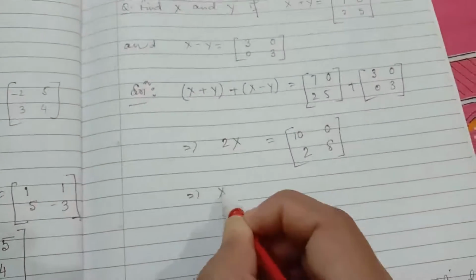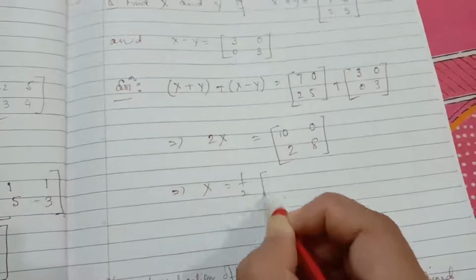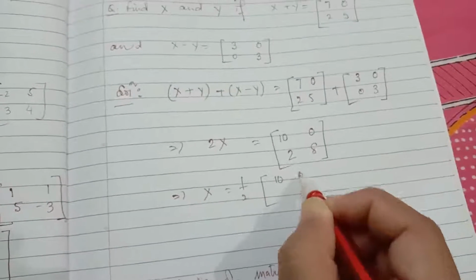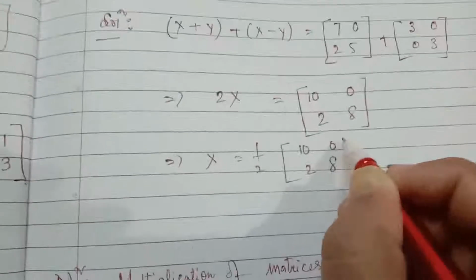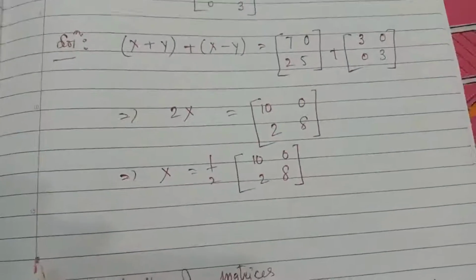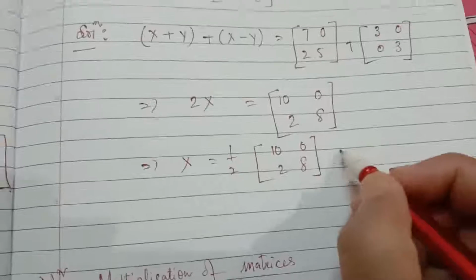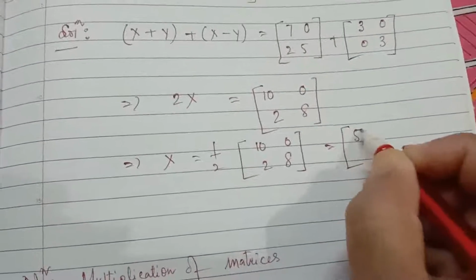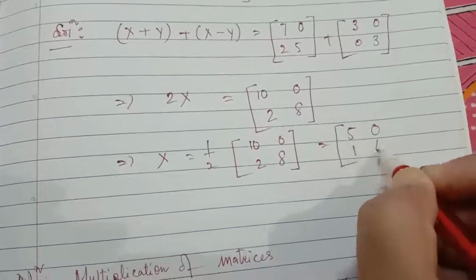X equals half into 10, 0, 2, 8. Now scalar multiplication, half into this will be 5, 0, 1 and 4.